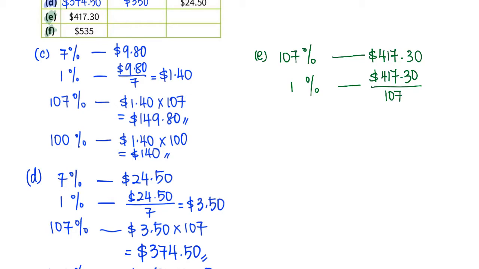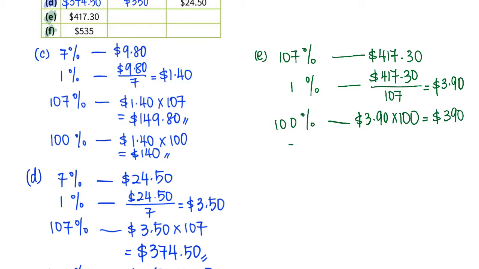This will give me $3.90, and therefore I will be able to find my 100% value. And my GST value is 7%.